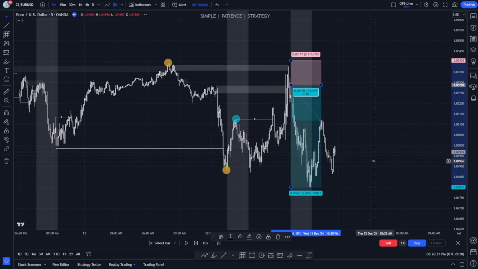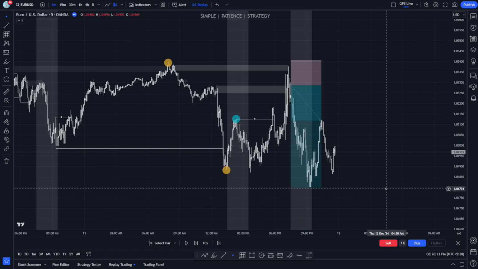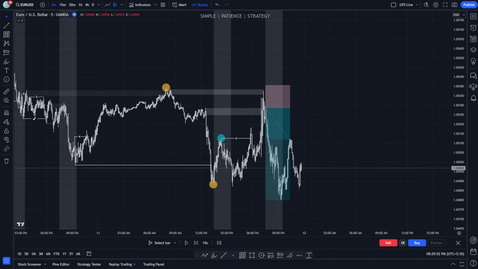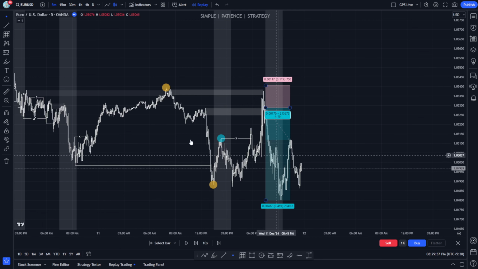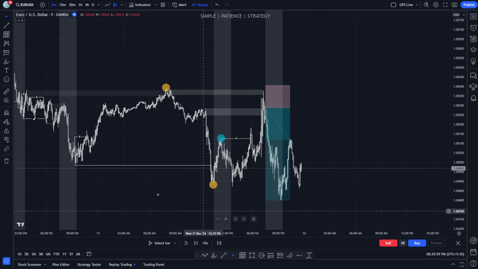Okay, so guys, this is how you should use the Fibonacci tool and the retracement concepts. So now you know how important it is to draw the Fibonacci properly in the structure you're dealing with at any point in time.